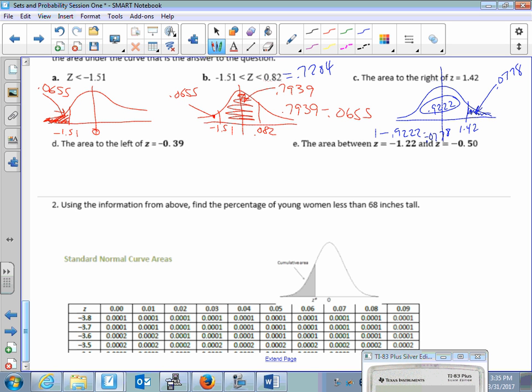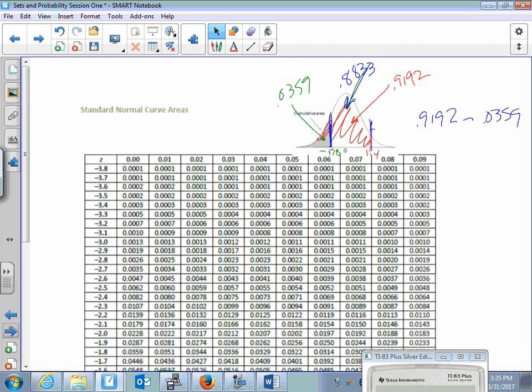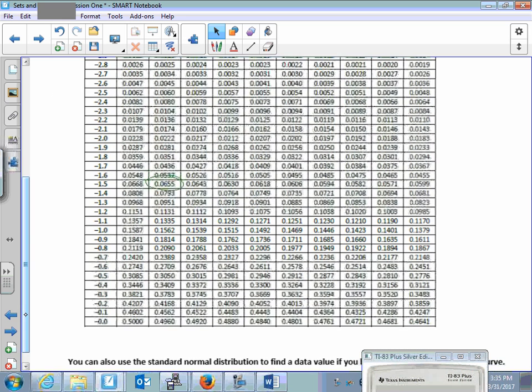Okay, now we want the area to the left of z equal to negative 0.39. So if z is equal to negative 0.39, and we want the area to the left, I went the wrong way there, negative 0.39. Well, now here's negative 0.30, 1, 2, 3, 4, 5, 6, 7, 8, 9. So 0.3483.